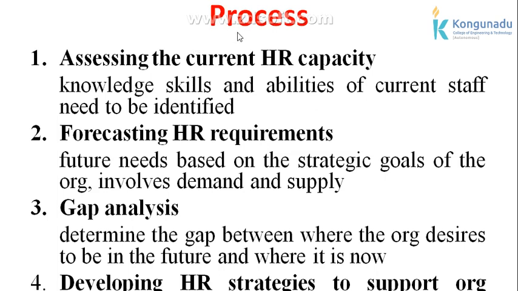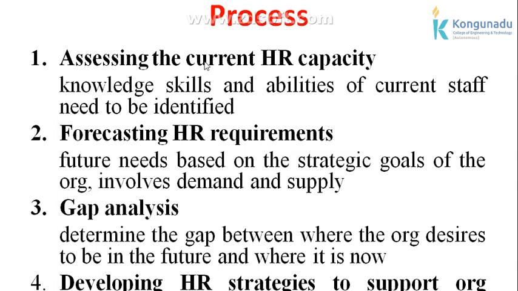The process is categorized into four steps. One is assessing the current HR capacity. Next one is forecasting HR requirements. Third one is gap analysis. Final one is developing HR strategies to support organizational strategies. So this is the HR planning process.